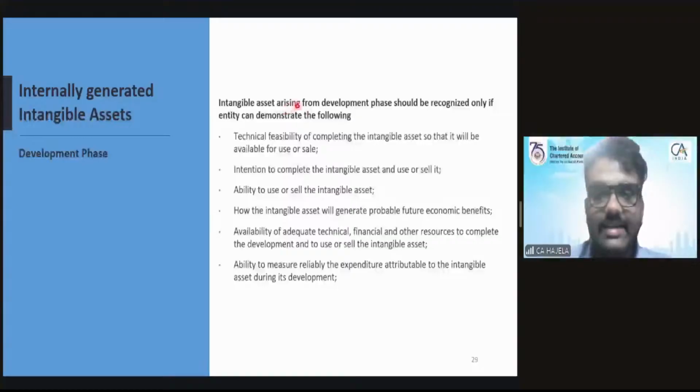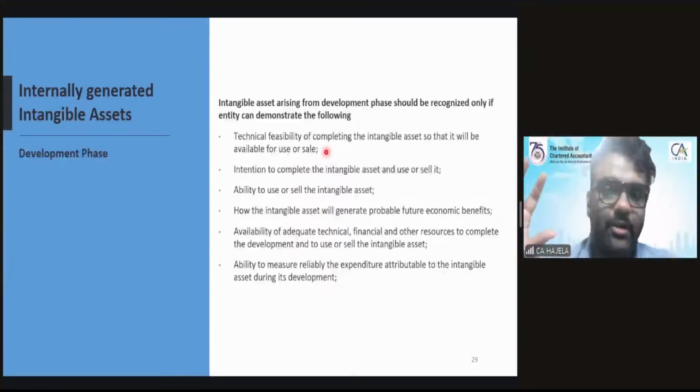Intangible asset arising from development phase should be recognized only if entity can demonstrate the following things. Technical feasibility of completing the intangible asset so that it will be available for the use.